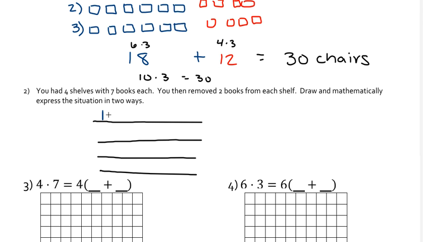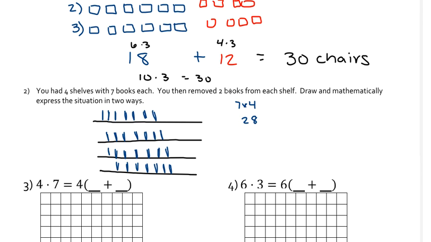So I'm just going to draw tallies. 1 through 7 on each shelf. So that would be 7 times 4, 7 books per 4 shelves. So that would be 28.